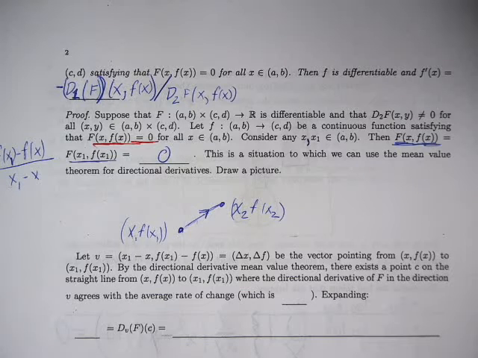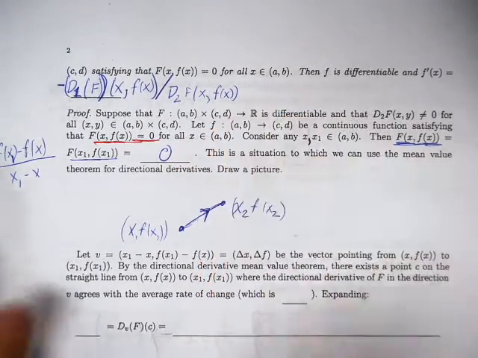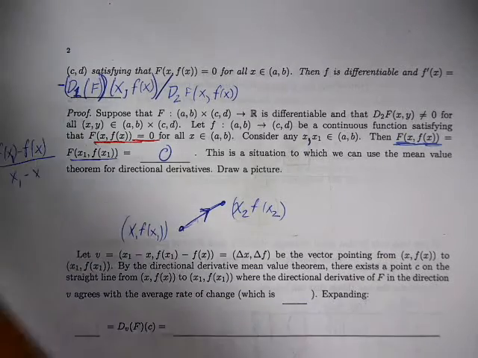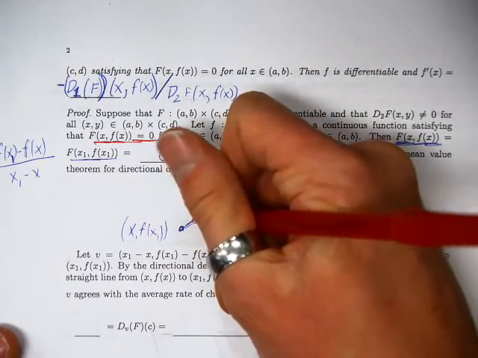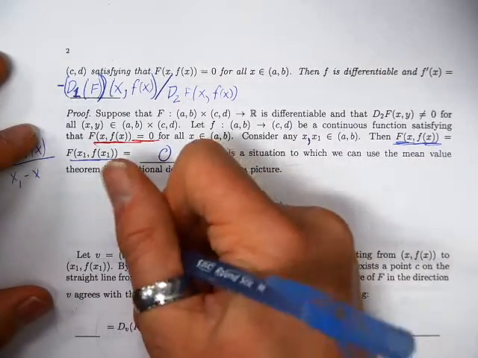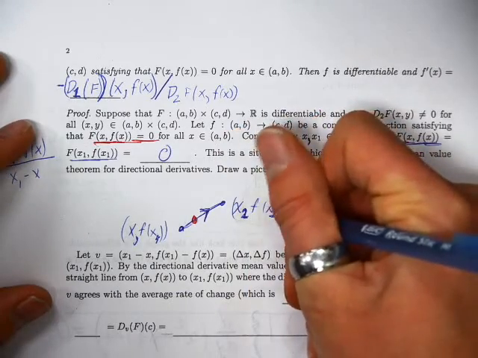Not just any mean value theorem, but the mean value theorem for directional derivatives. So let's draw the straight line between those 2 points. There it is. So the directional derivative mean value theorem says that I can find some point on that straight line. Oh, those are mislabeled, aren't they? x comma f of x, x1, f of x1.